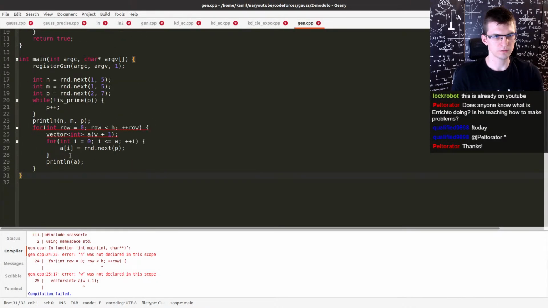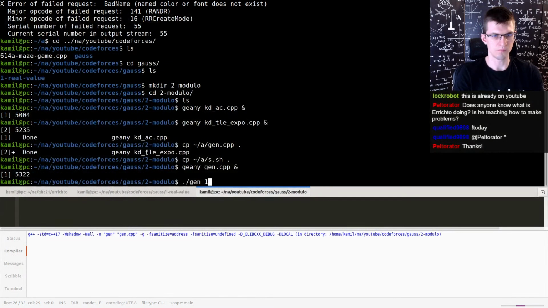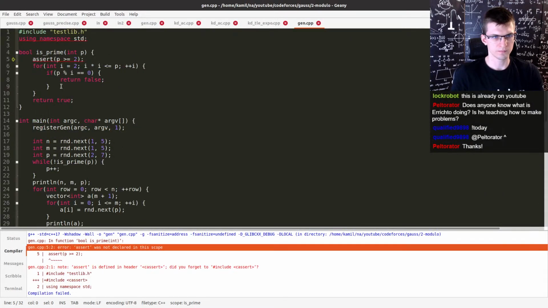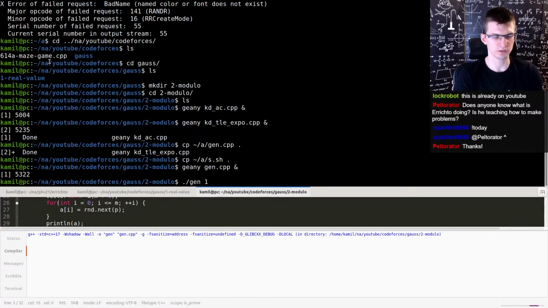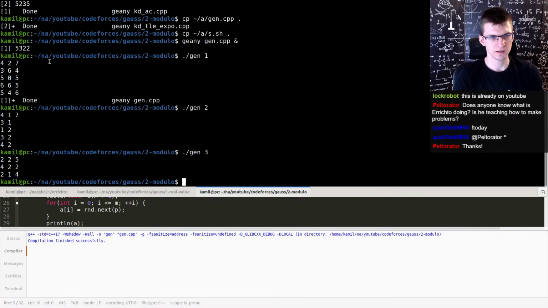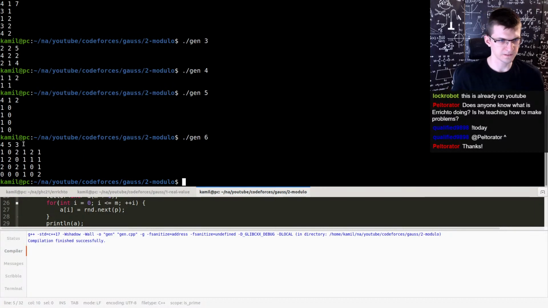N and M. Test_lib doesn't want us to use assert. We need to instead type in ensure, which is part of the library. Is this good? Give me some big test. This is a big test: 4 equations, 5 variables, and then there's a 6th element. Cool.